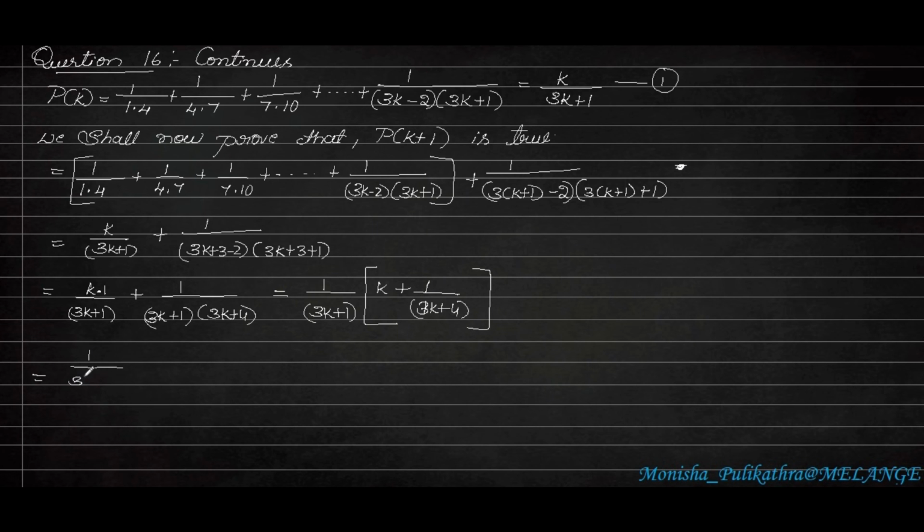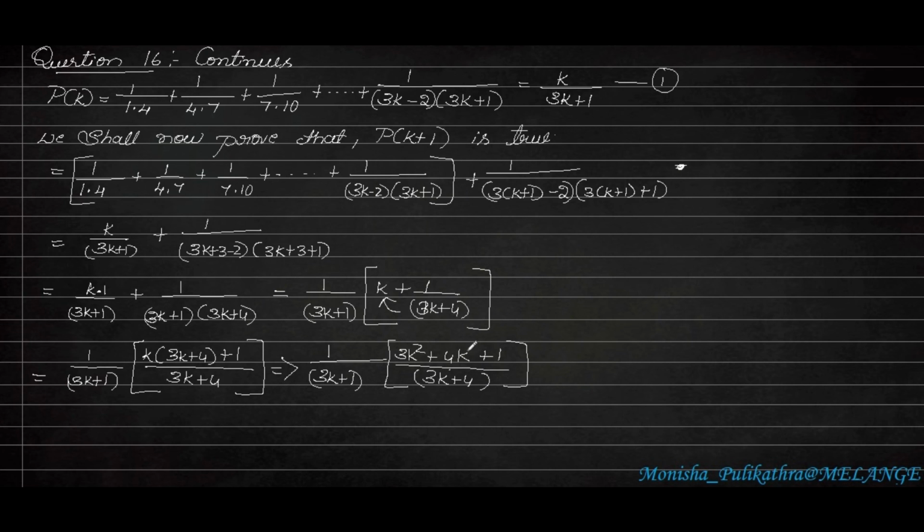So 1 by 3k plus 1 into, by taking LCM you have to cross multiply it. So k into 3k plus 4 plus 1 whole divided by 3k plus 4. So next it will become 1 divided by 3k plus 1 into, so 3k into k is 3k square plus 4 into k is 4k plus 1 whole divided by 3k plus 4.